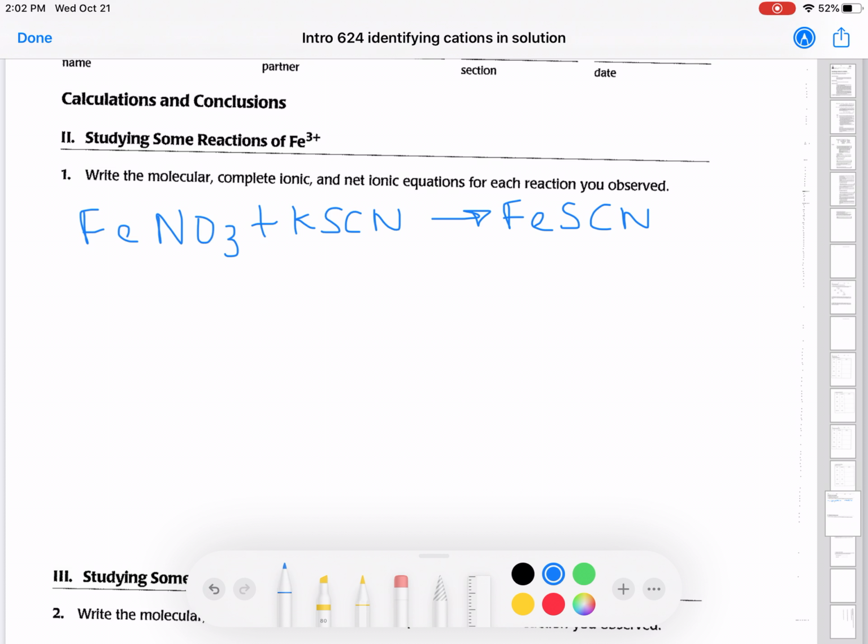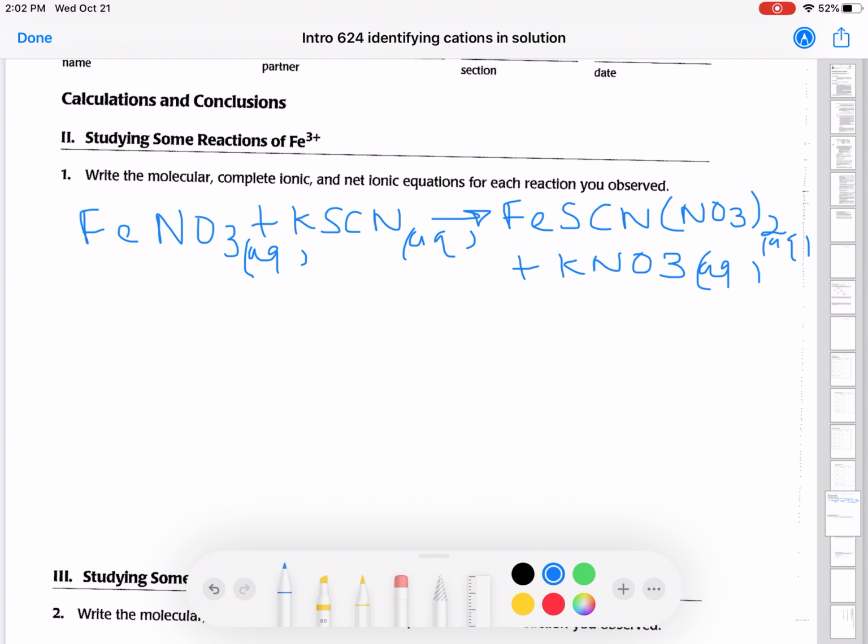And all of these are in aqueous medium, so you put a little aq next to it. That tells you that it is soluble in water, aq, aqueous or aqua. So this is called the molecular equation.